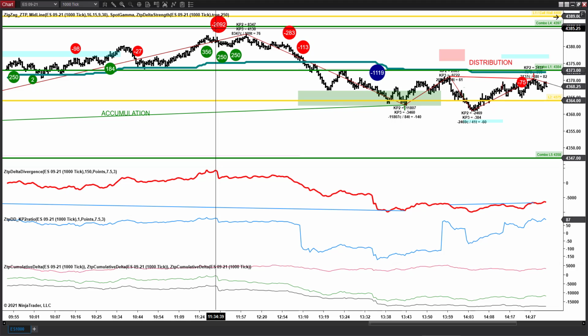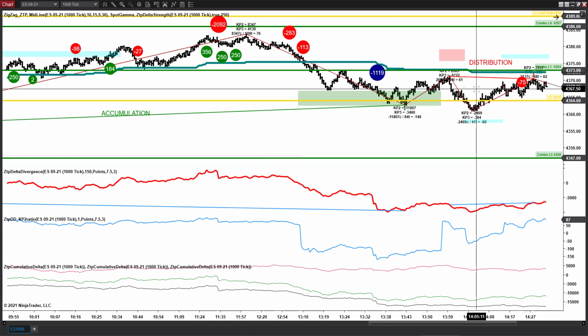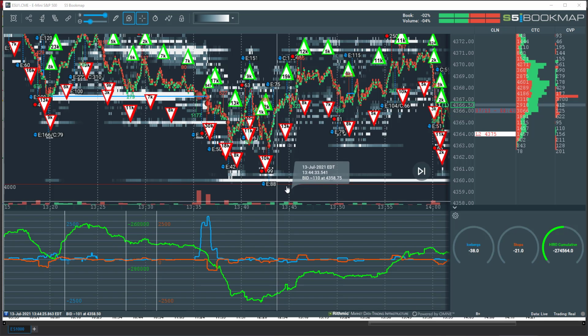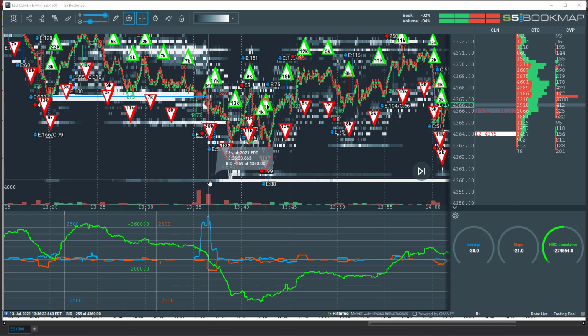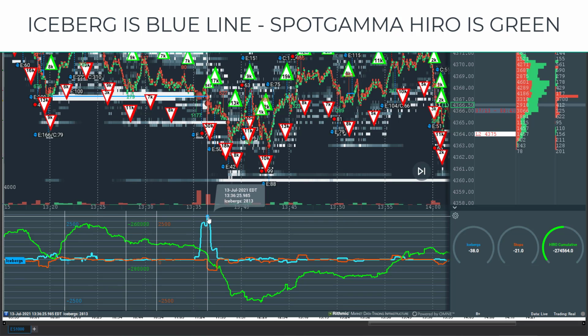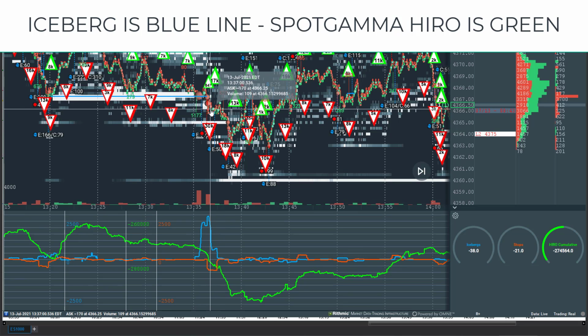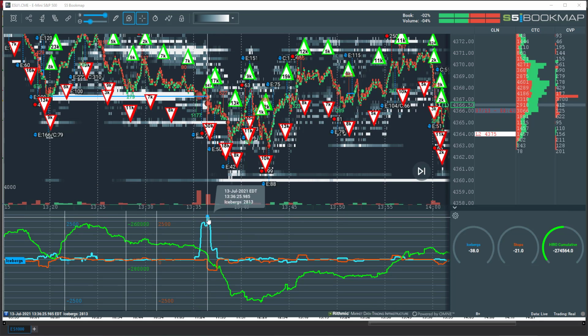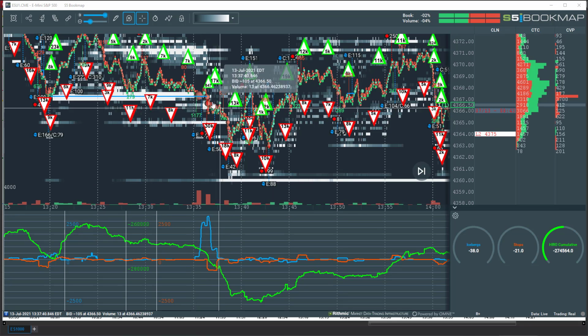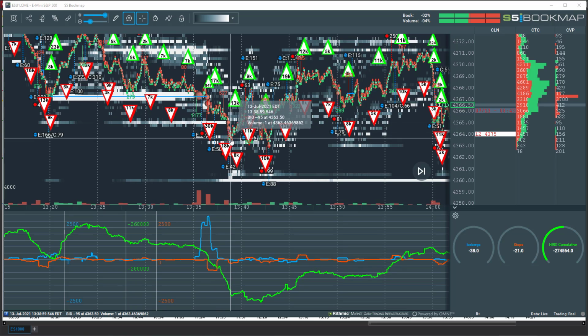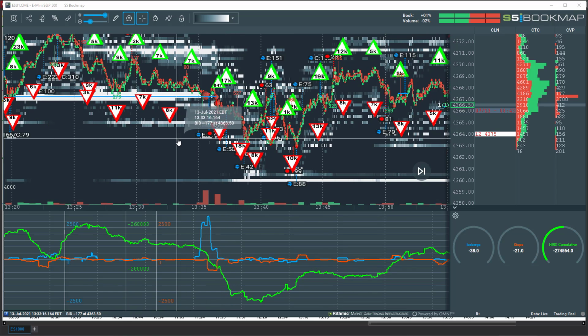Absolutely. It probably was not associated with options hedging because the spot gamma hero indicator was extremely negative on the day. Here is the Bookmap, which is giving me the information about this first large Iceberg order, and basically the number got up to about 2,800 right here until the order was completed, and we traded a little bit lower after that.